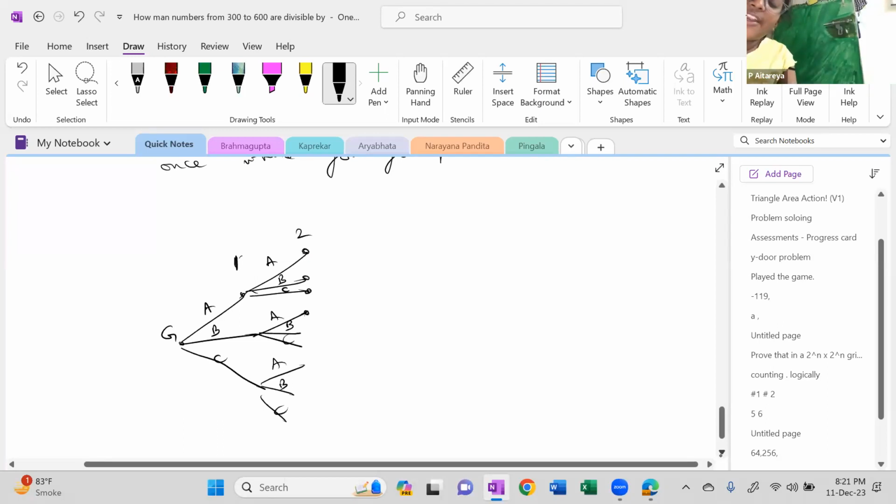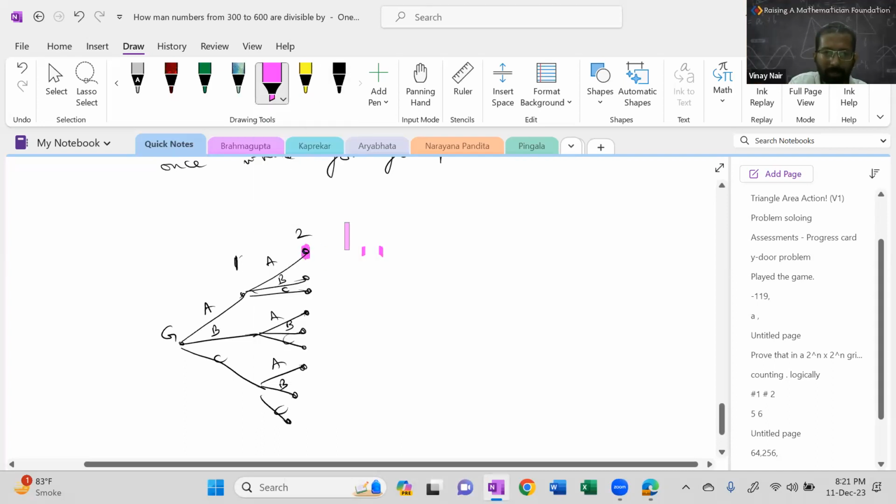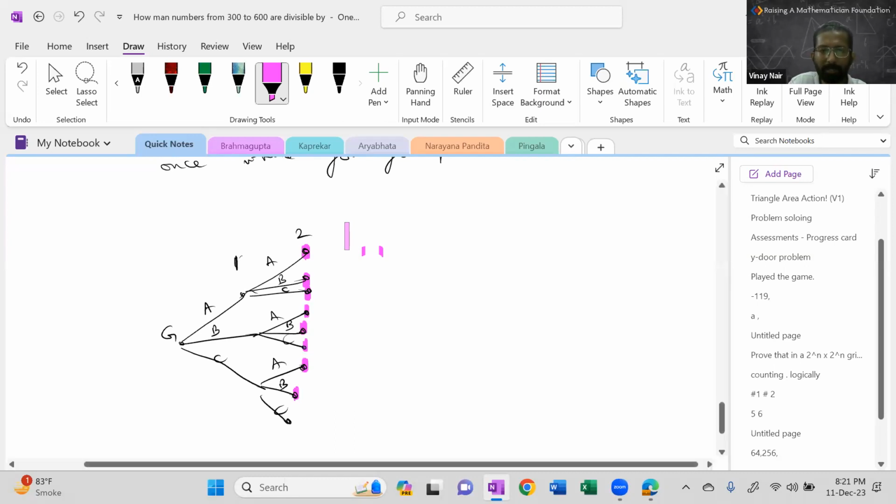Each of these dots represents a unique path to reach the second floor, and there are 9 such paths.